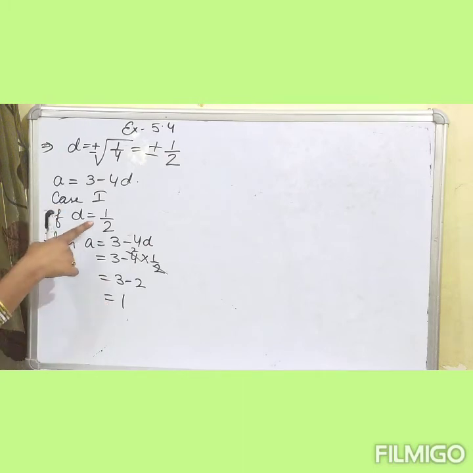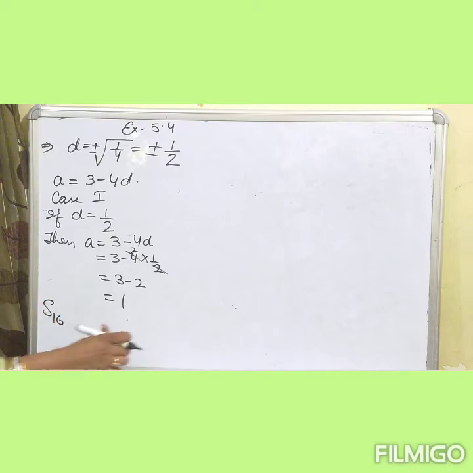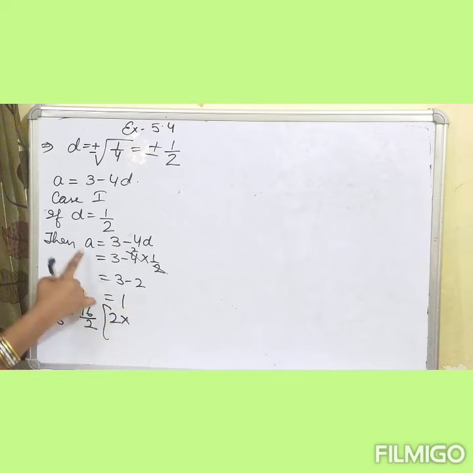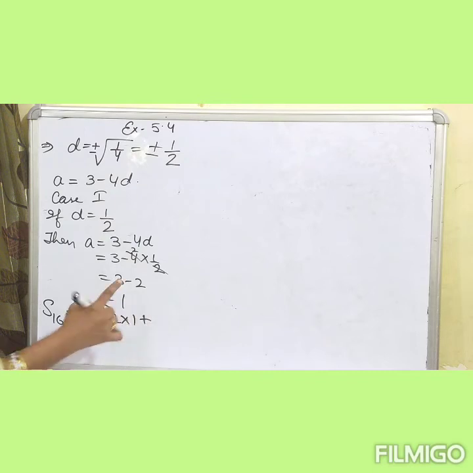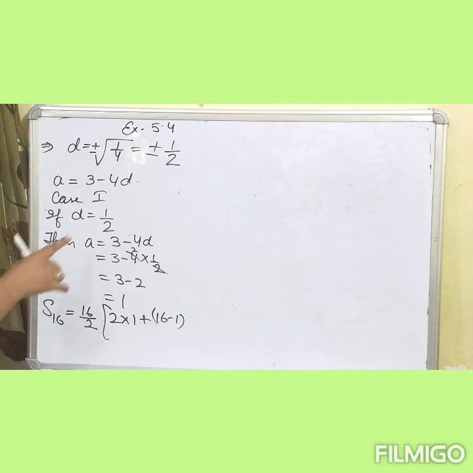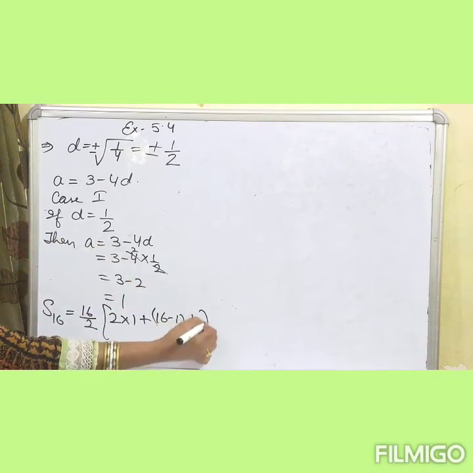And if D is 1 by 2 and A is 1, then what will be the value of S16? Because we have to find out the value of S16. So we can apply the formula now. We have both these values A and D. So the formula for S16 is n by 2, 2A, A means 1, plus n minus 1, that means 16 minus 1 into D, D means 1 by 2.